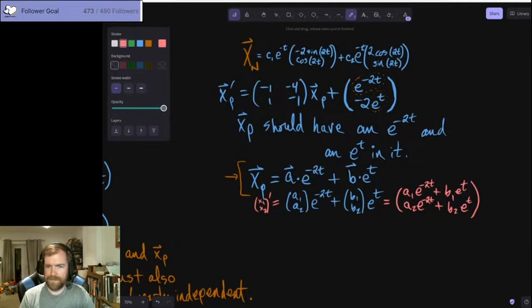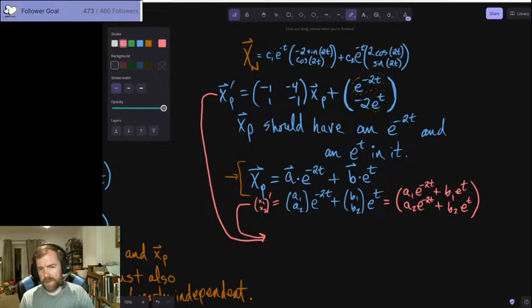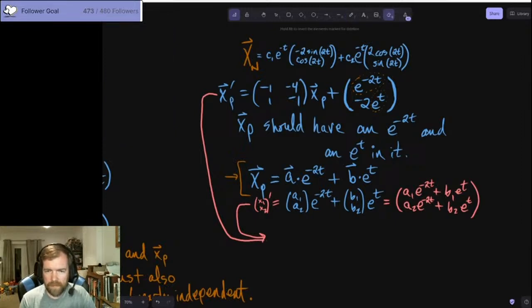Well, if that's your X_P, we're going to need to know X_P prime, because of the left-hand side. So we're going all the way back to the system itself. Oh, whoops. That was not supposed to be prime. Sorry, not that one, the one up top.